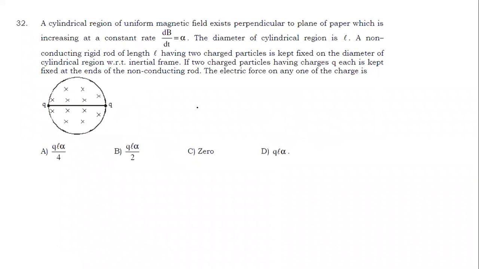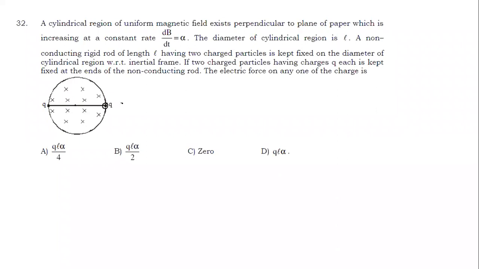This was actually a very simple question, but the way it is worded, so many things are given here which are not relevant. What is given here? A non-conducting rod of a length, and a cylinder, inertial frame also. But actually, this entire question, if you read through, is just finding the force acting on this charged particle.